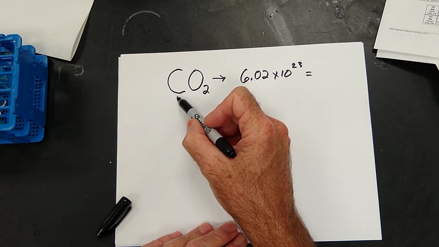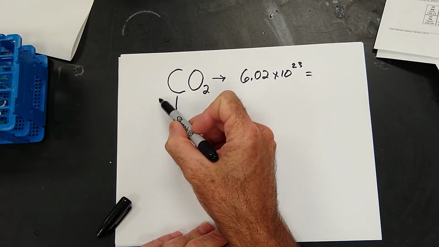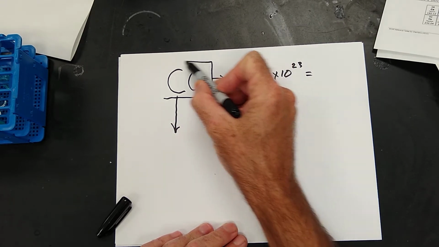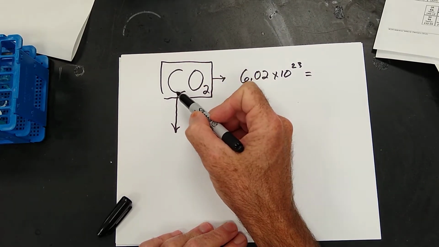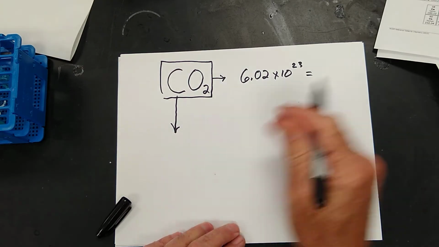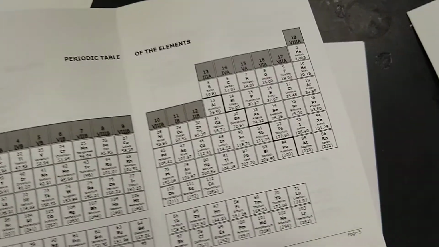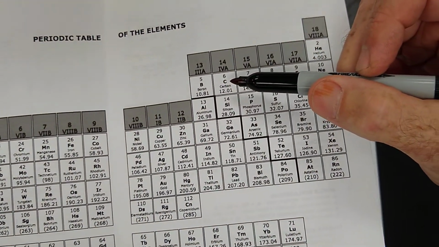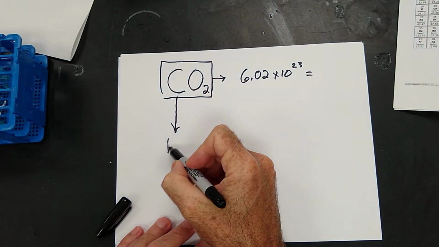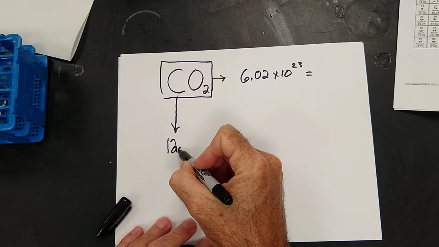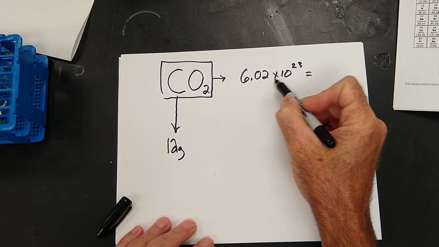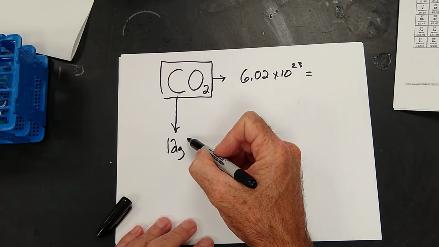Here is carbon. On every molecule of carbon dioxide, there is 1 atom of carbon. Its weight from the table is 12, okay? So this many atoms of carbon would weigh 12 grams.